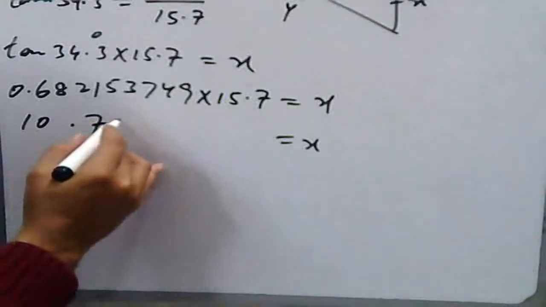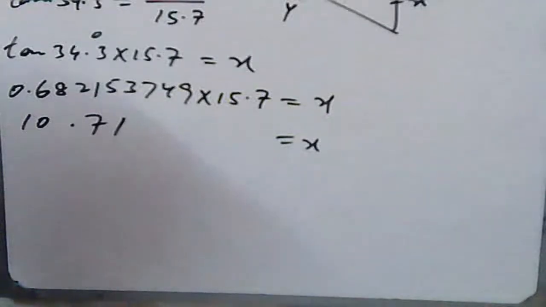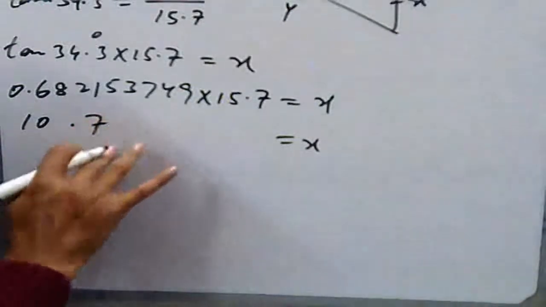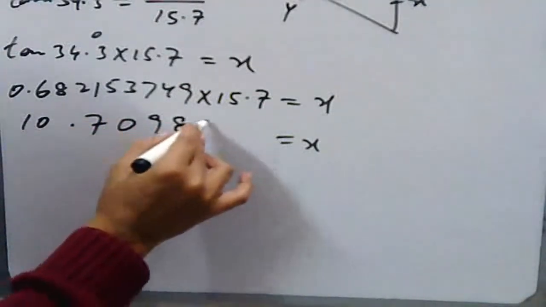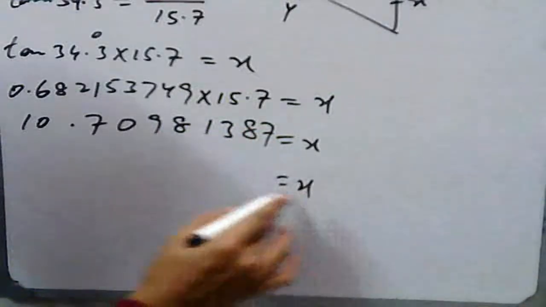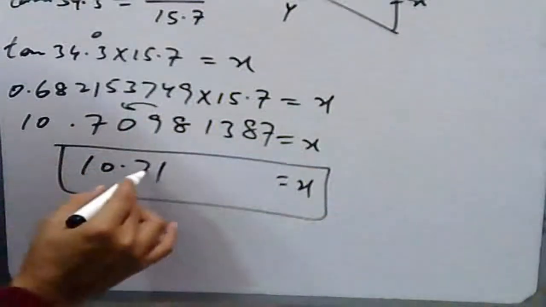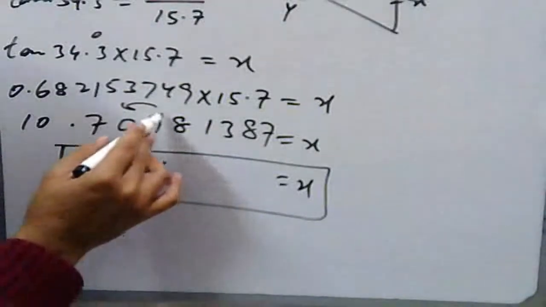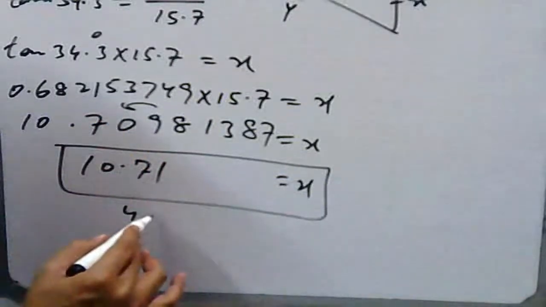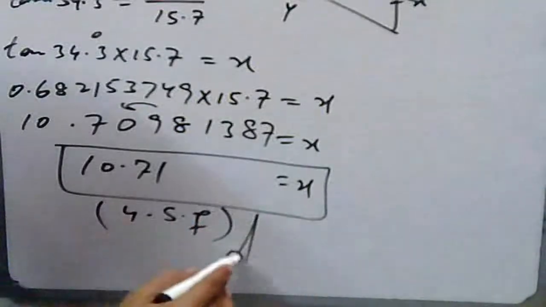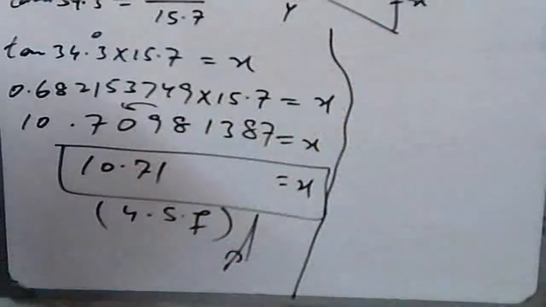So the value of x, up to 4 SF you will get 10.71, because that is tan, you can check here, tan 34.3 and multiply by 15.7, you will get 10.709813887, but we need up to 4 SF. 10.7, you can add 1 because it is greater than 50%, so you can add 1 here.